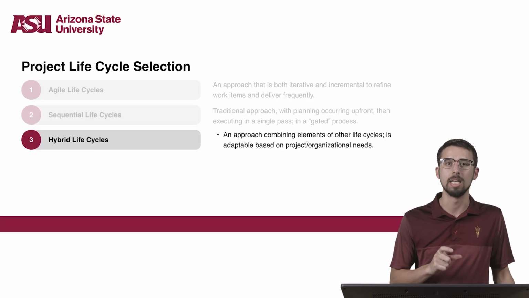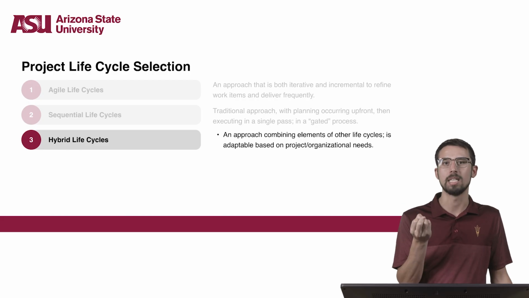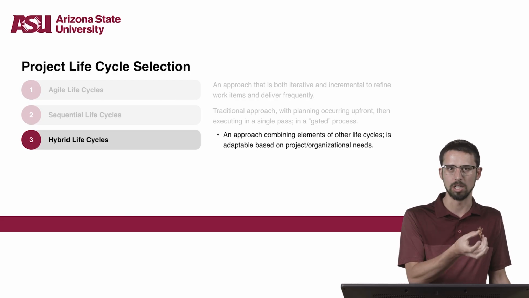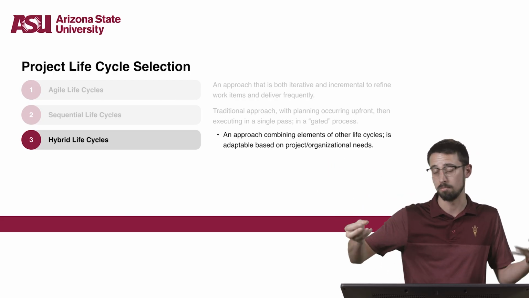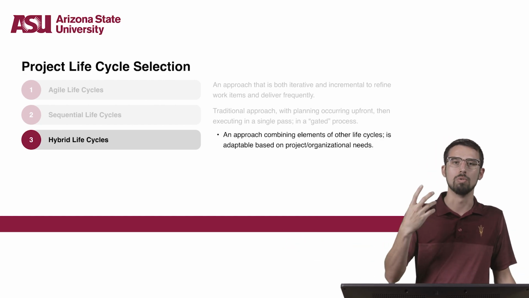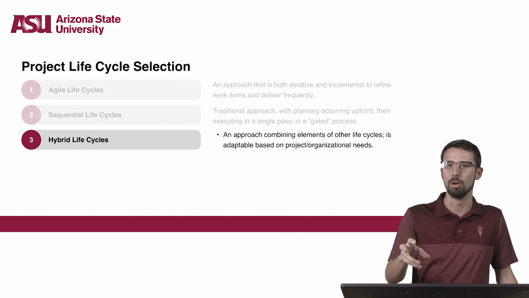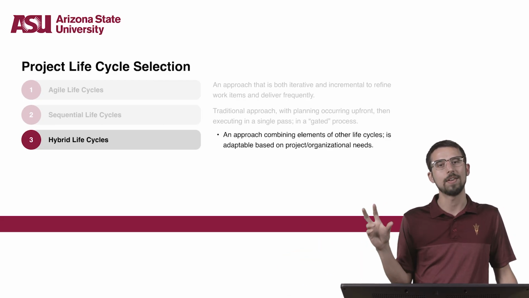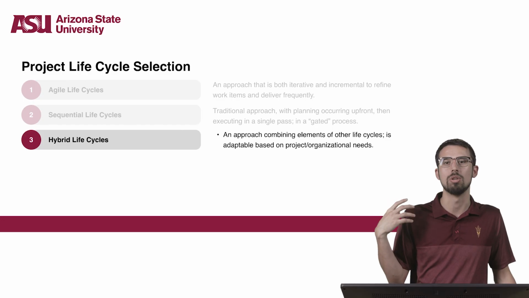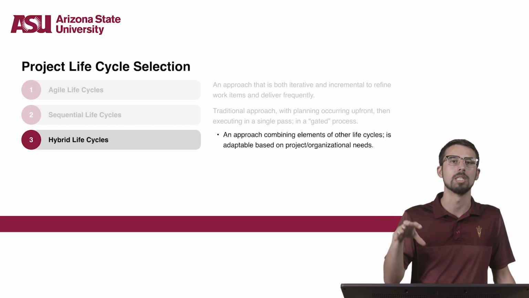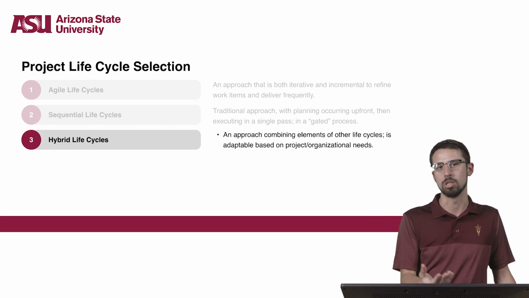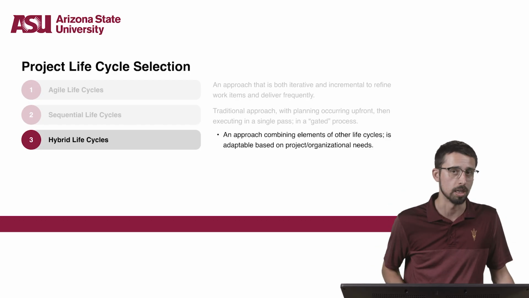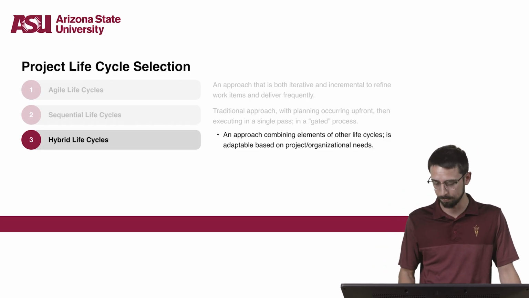And then hybrid is an approach that combines elements of different life cycles like sequential, process-based, change management, and/or agile to leverage the benefits of each approach for different aspects or phases of the project. And this flexibility allows teams to adapt their methodology based on specific project needs, constraints, and sometimes even organizational requirements.